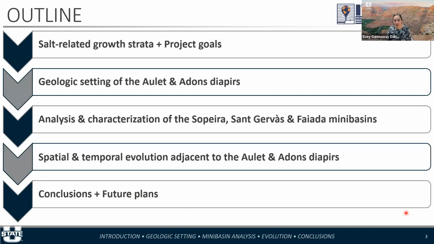So let's dive in, just to give you an idea of how this talk will proceed. I'm going to start with a very, very brief overview of some key concepts that I've used for salt-related growth strata that will be important, and this will allow us to introduce some goals of this project before diving into the meat of the discussion, starting with the geologic setting of the Aulet and Adons Diapirs, the analysis and characterization of the mini basins that flank those diapirs, and how that leads us to interpret the spatial and temporal evolution of those diapirs.